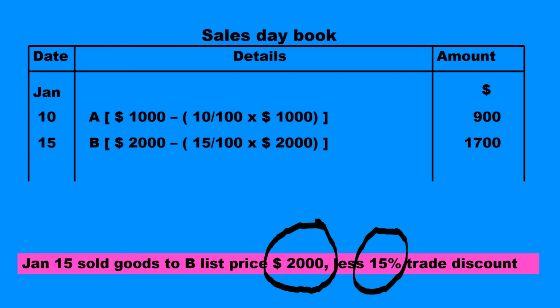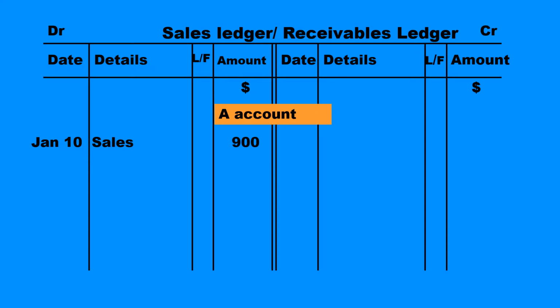It is this amount that should be recorded in the books. Therefore, in the sales ledger or receivables ledger, where we already had the account of A, on the debit side sales 900, now we record the account of B, on the debit side sales 1700. So nowhere do we record the list price, neither the trade discount.